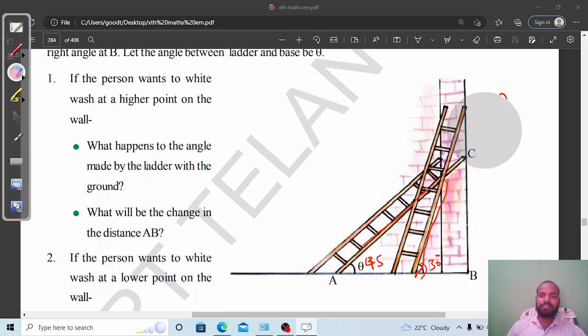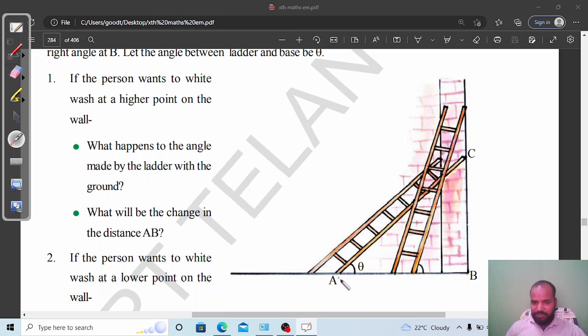What is the text given here? If a person wants to whitewash at a higher point on the wall, what happens to the angle made by the ladder with the ground? Next, what will be the change in the distance between A and B?